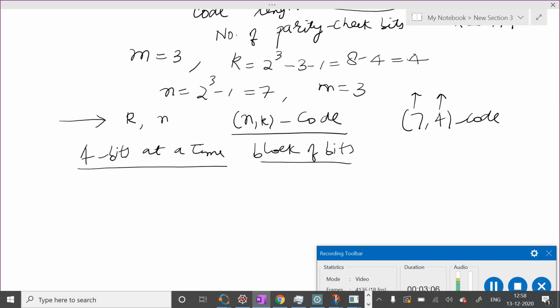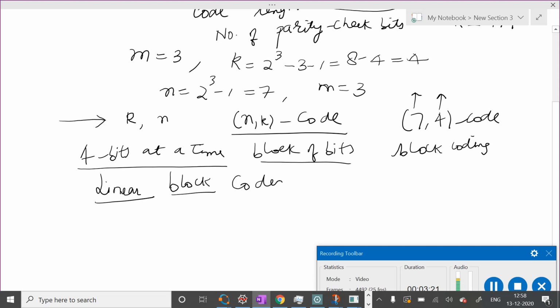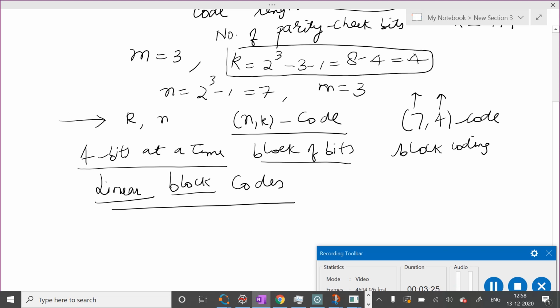So for that reason, this is called block coding. Linear because we are taking linear combinations of messages. Block because we are taking a block of message bits, not just 1 bit. Hence they are called linear block codes. And if the number of message bits and number of code word bits satisfy this particular mathematical structure, they are called Hamming codes.